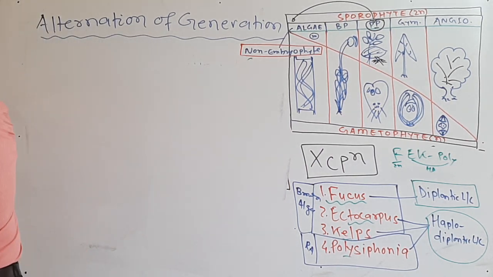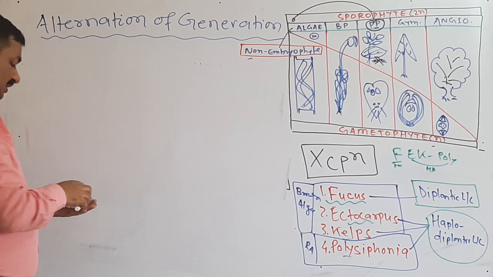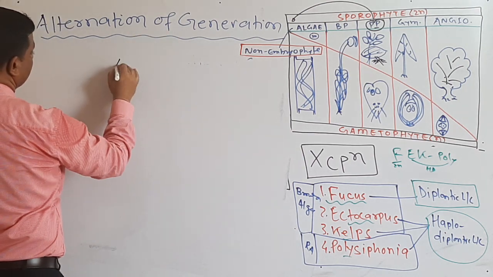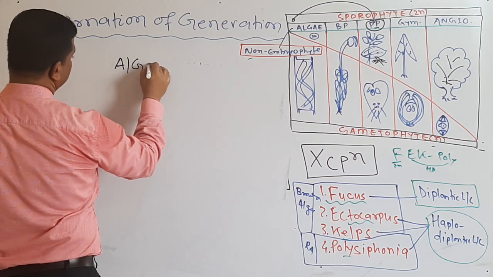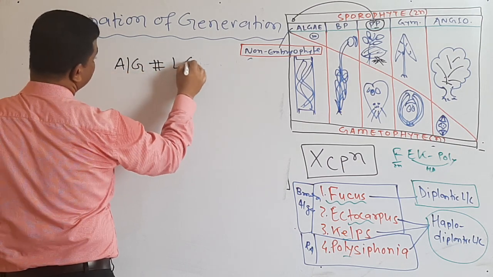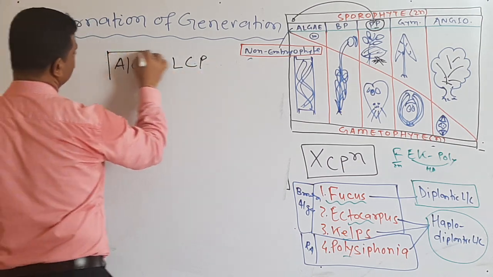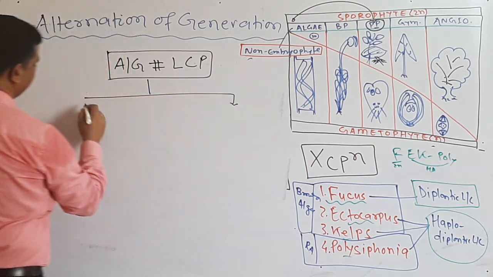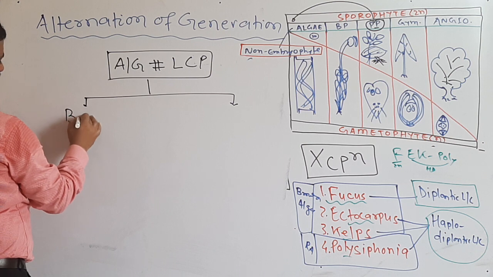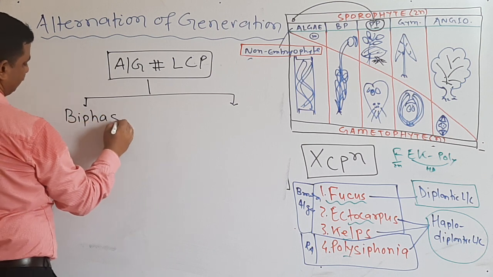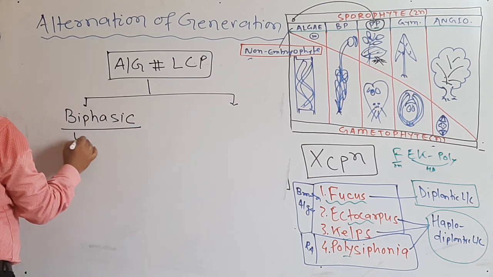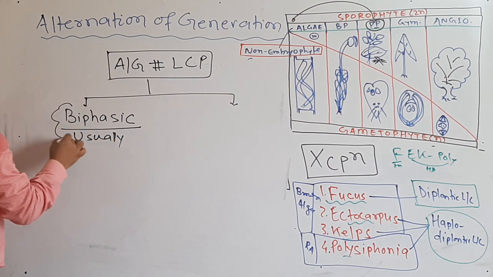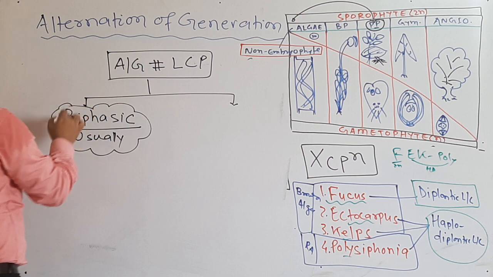Whenever you are talking about life cycle pattern, alternation of generation, usually it will be biphasic. Usually, as we studied, that was biphasic.